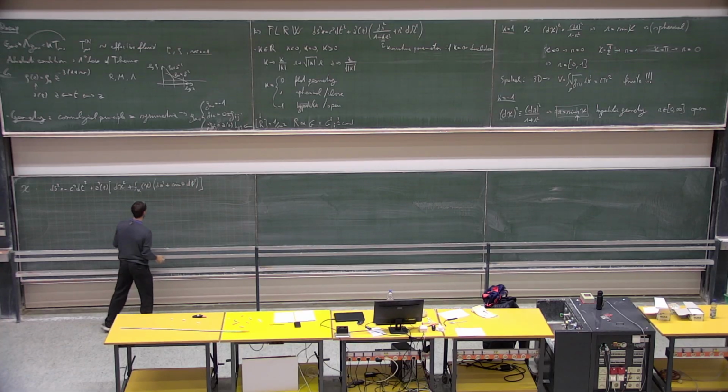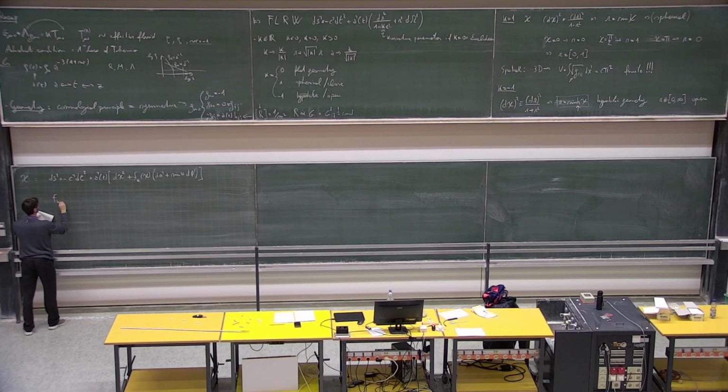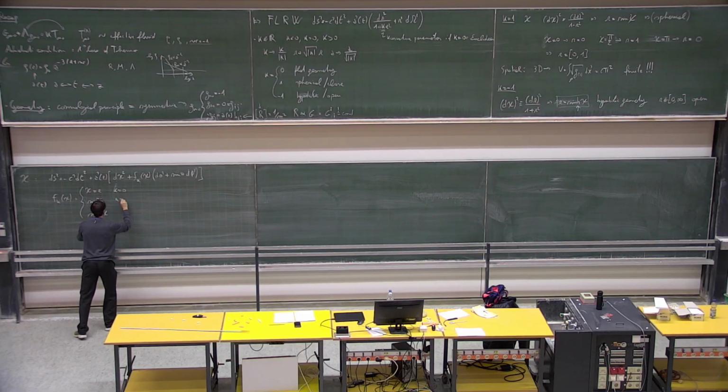And our functions f_k of xi are just the ones that I wrote earlier. So f_k is xi, equal to r, for k equal to 0, sine of xi for k equal to 1, and then we have the hyperbolic sine of xi for k equal to -1.